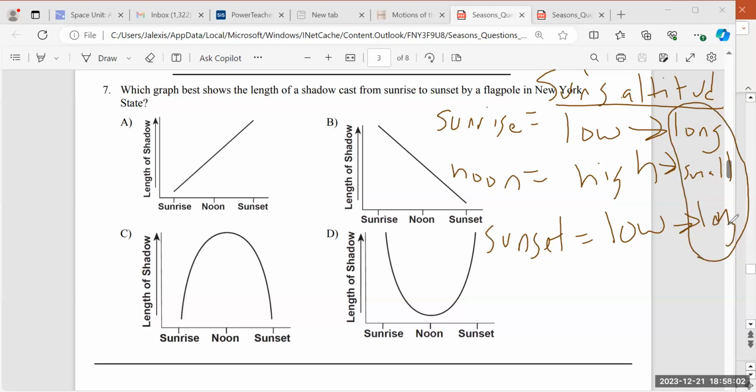So which one tells me that at sunrise, my shadow is very long, at noon, my shadow is very small, and at sunset, my shadow is very long again? The correct answer is choice D, right? The length of the shadow is very high at sunrise and sunset because the sun's altitude is low.